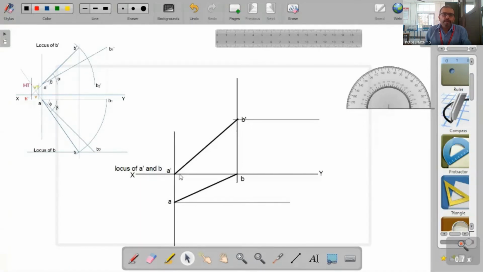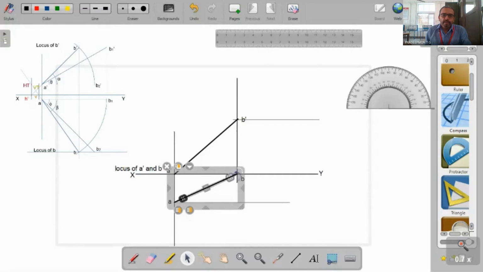Now what we have to do is rotate AB so that AB will be parallel to XY. Parallel to XY means it will be lying in the locus of A. So in order to do that, we use the compass and fix it at A and take the radius equal to the length AB.